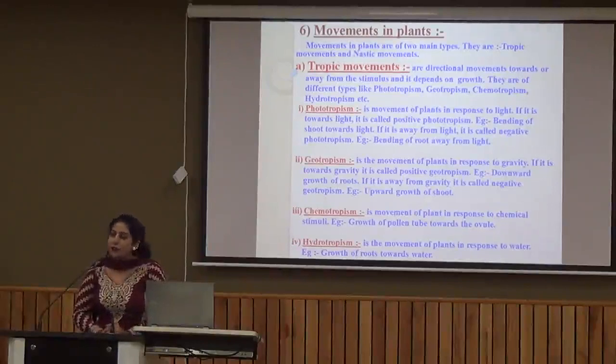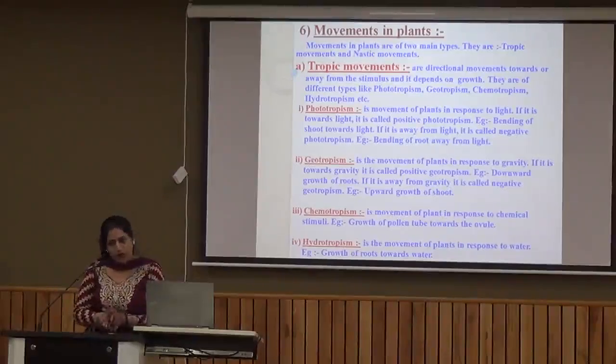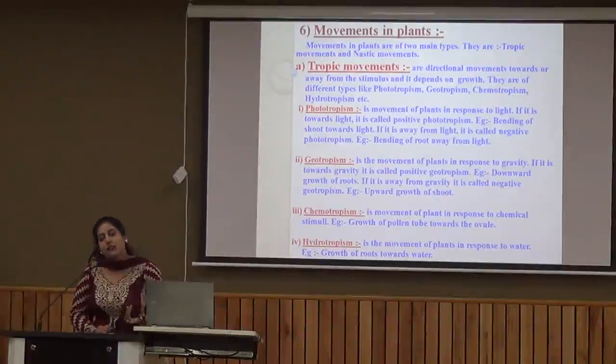Hydrotropism: hydro means water. That means the growth will be towards the water. For example, the growth of roots is towards the water. That is the positive response, positive hydrotropism, and the stem will show negative hydrotropism.